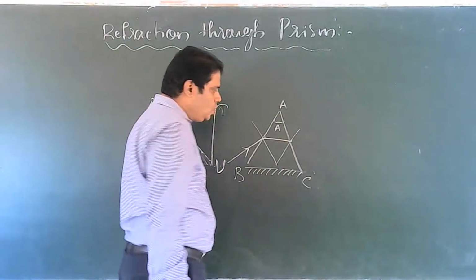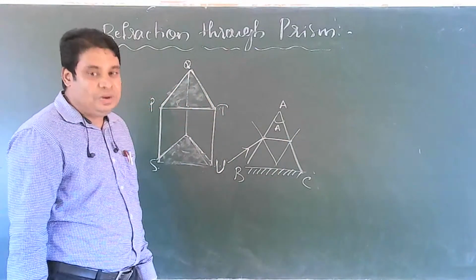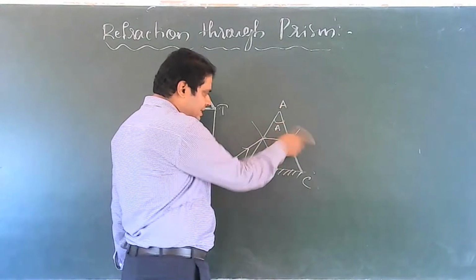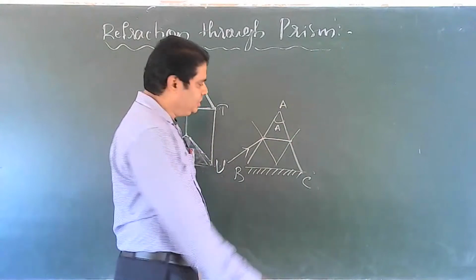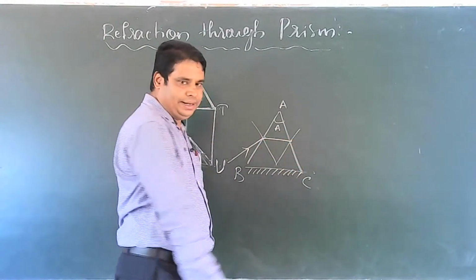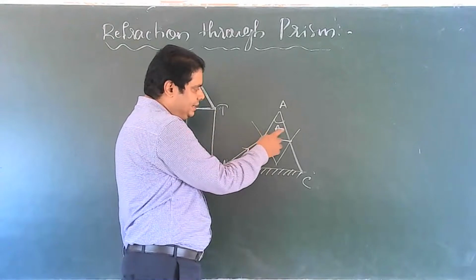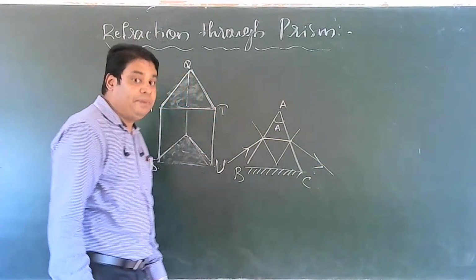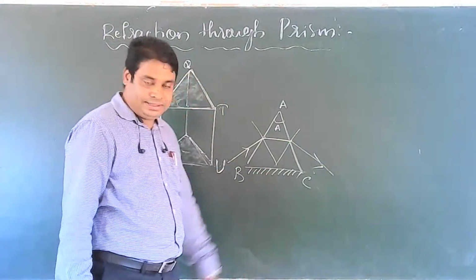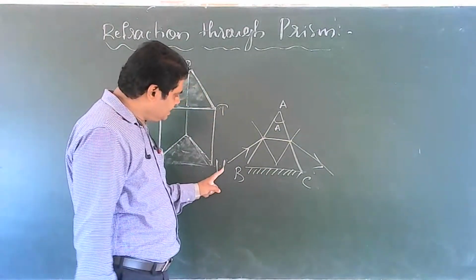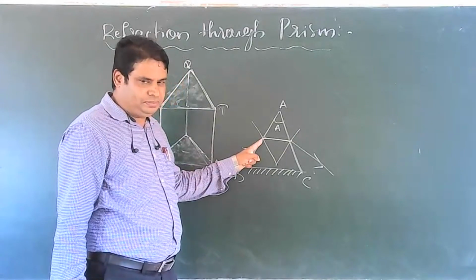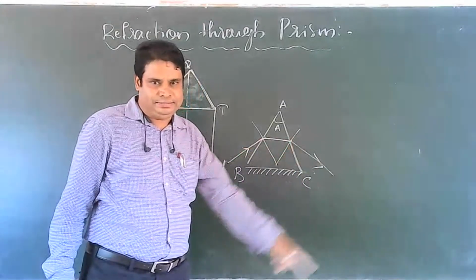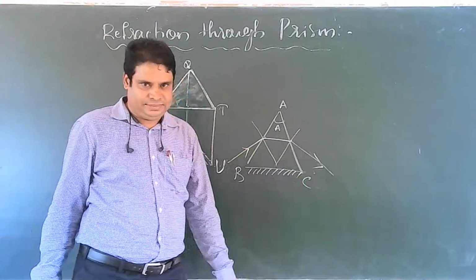If you draw one more normal at the second surface, AC, then once again there is refraction, this time from denser to rarer. The ray will emerge like this. This ray is called the incident ray, refracted ray, and emergent ray. This is the emergent ray.